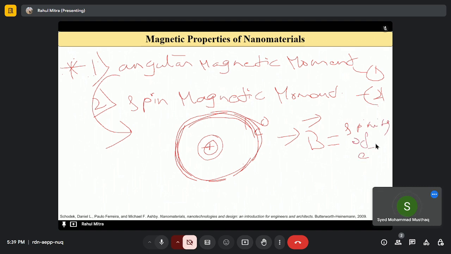Now, another one is the intrinsic spin of the electron. The electron is spinning in some direction. If I take this direction, it is up, and if my electron is spinning in this direction, it is down. So it is plus half, it is minus half.